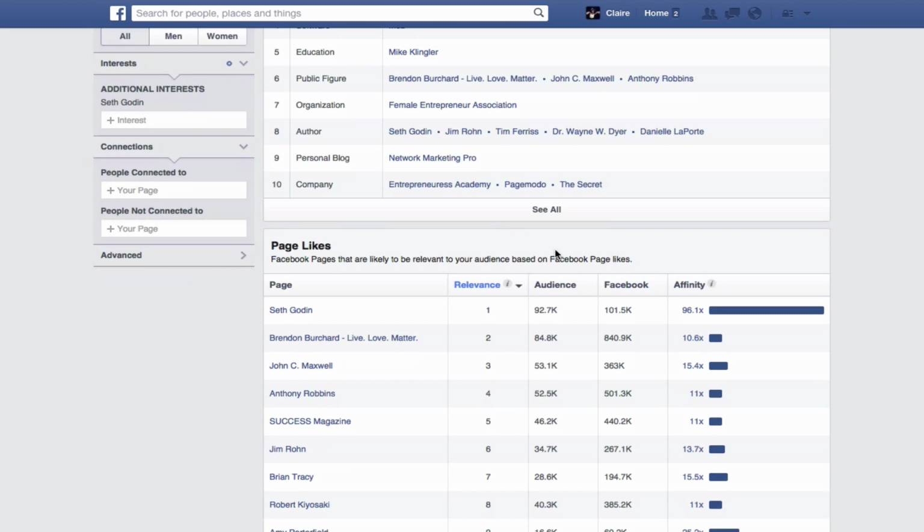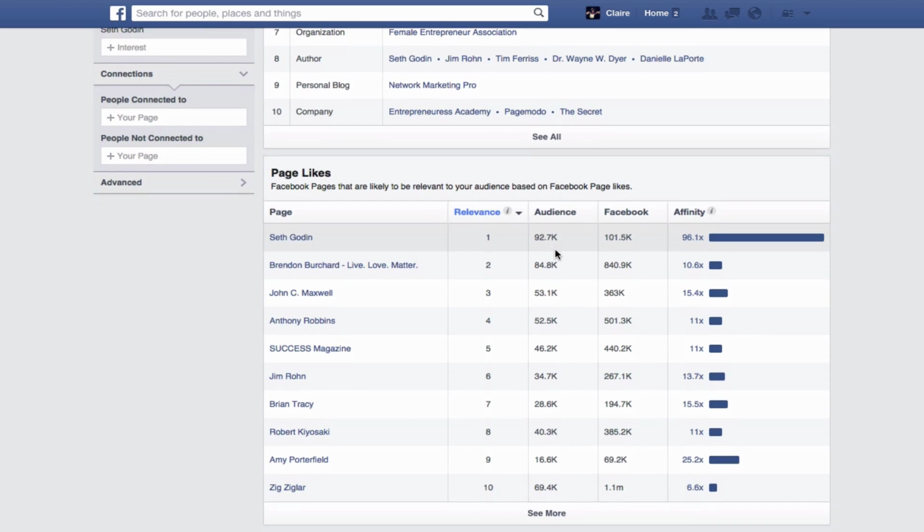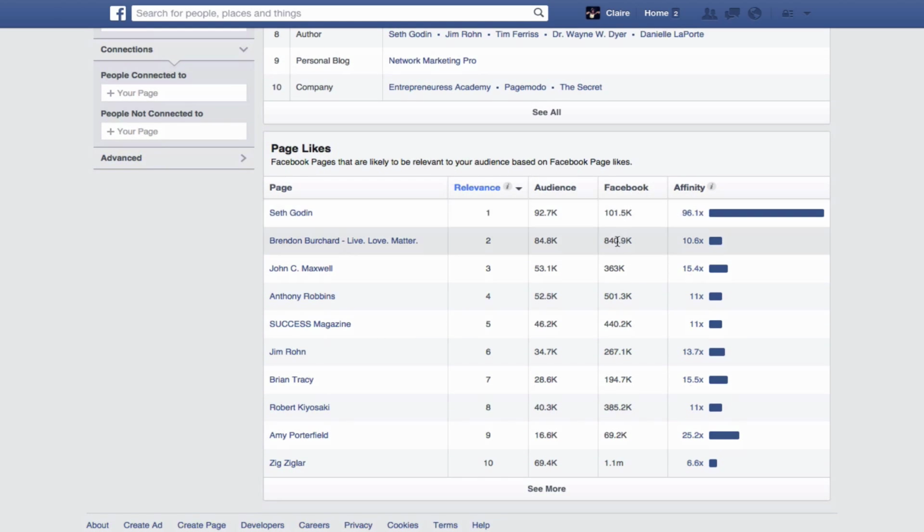Then you can come down and see specifically what the page likes are. Facebook has divided them up by relevance, which is a number that they come up with. Affinity, I'm not too worried about these, because you can kind of get a sense just by looking at it whether or not they make sense to target in your business. And the good thing is, in the top part of these lists, these pages can almost always, not always, be found in the Power Editor when you're putting in interests.